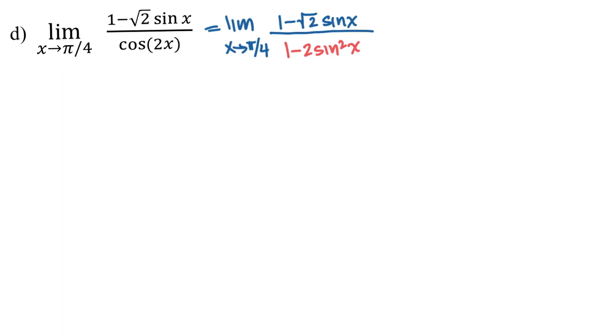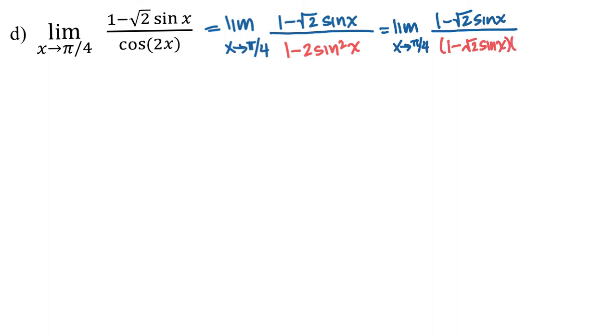Okay, I'm going to try to factor the denominator. Okay, now it's kind of a difference of squares. It's 1 minus something sine x. It's going to be 1 minus root 2 sine x.